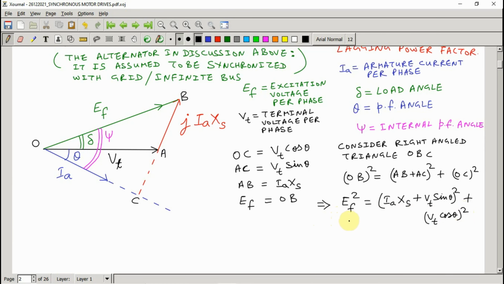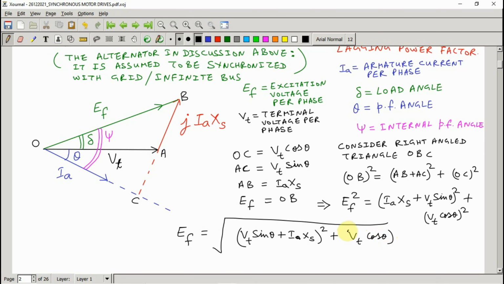Now from this, it is not a difficult task to calculate EF. What will be EF? EF is the square root of (Vt sin theta plus IA into XS) whole square plus (Vt cos theta) square. This is one thing we have got from the phasor diagram.